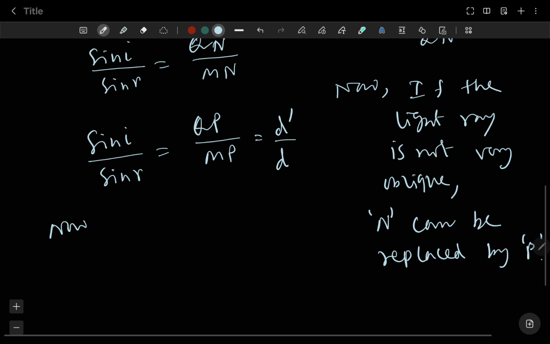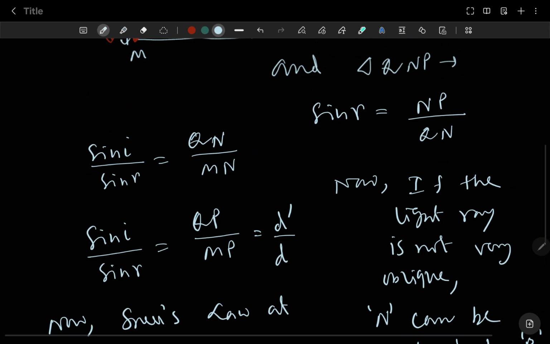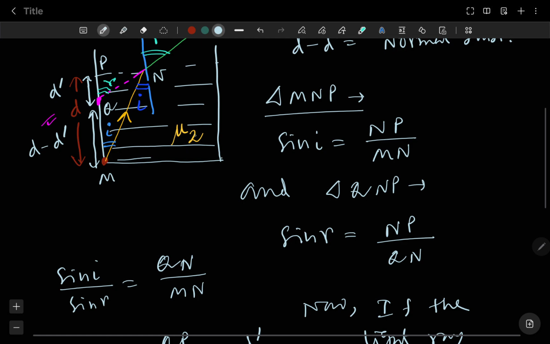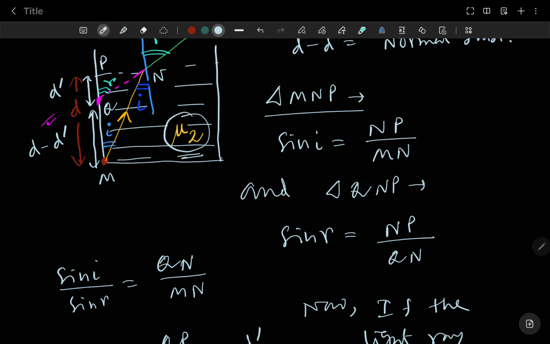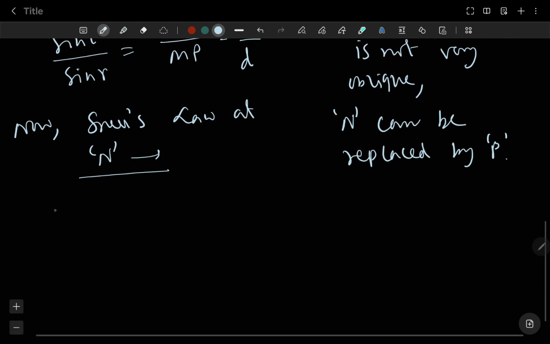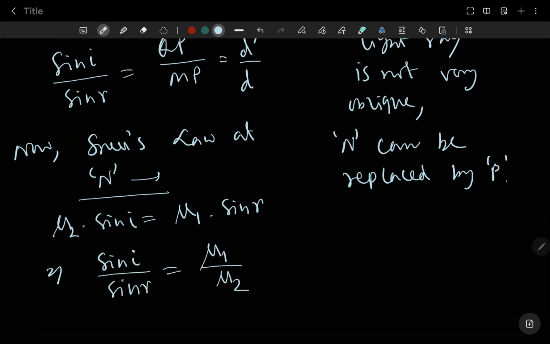Now Snell's law, at point N, what it will give, mu 2, okay, into sine I is equal to mu 1 into sine R. So sine I by sine R, it will be mu 1 by mu 2.